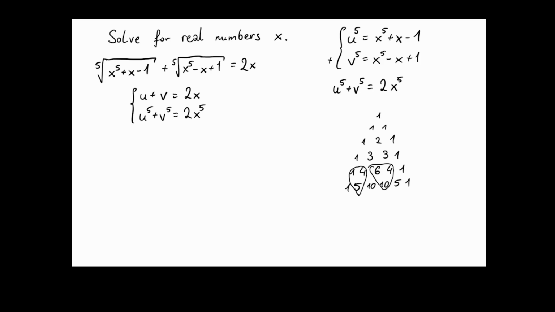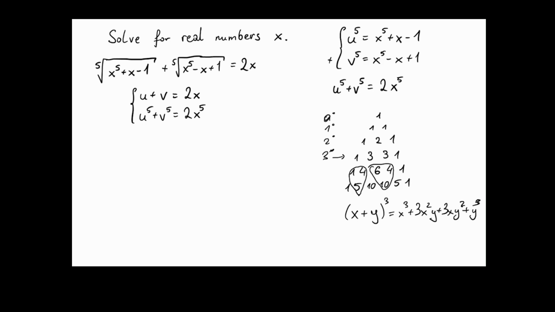For example, x plus y to the power 3 equals x cubed plus 3x squared y plus 3xy squared plus y cubed. And you should notice that this is corresponding to this row. The coefficients in front of x and y powers are corresponding to this row.